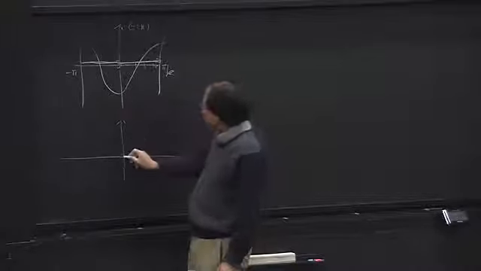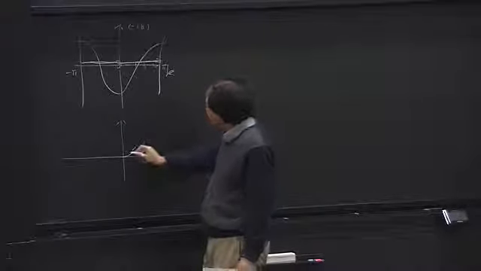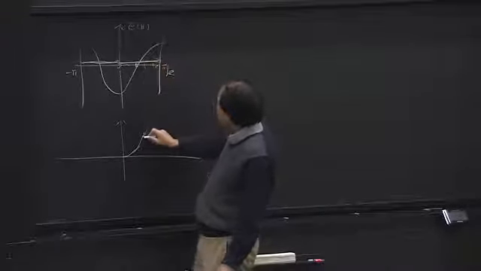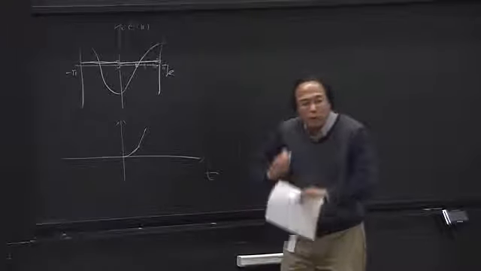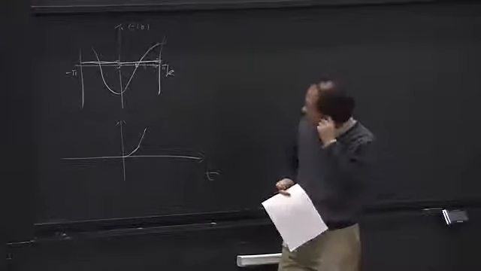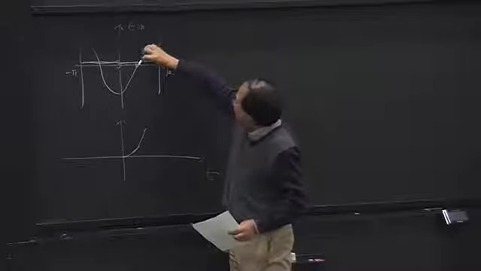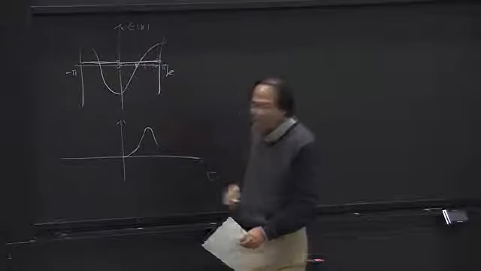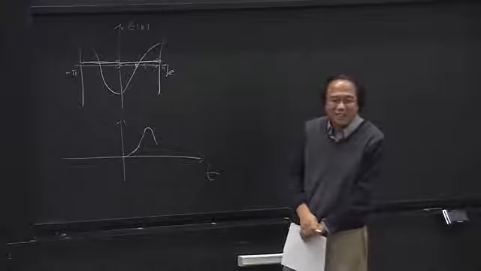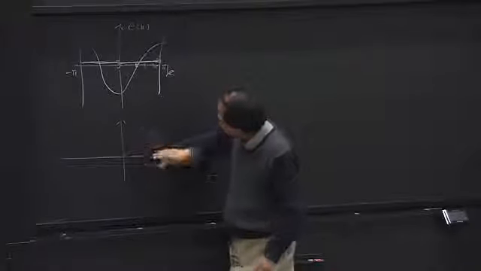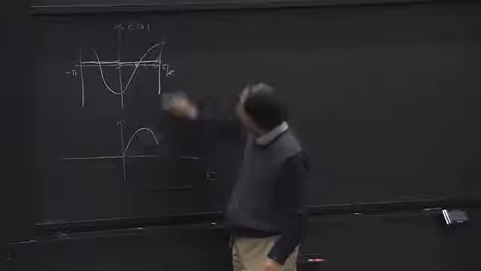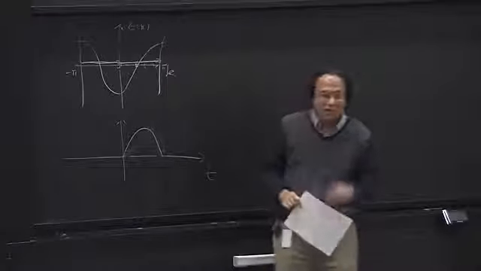Then as you push it, velocity would increase, and when you reach here, the velocity reaches maximum. When you push it further, something funny happens. The slope starts to decrease, so the velocity gets smaller and reaches 0 at the zone boundary.